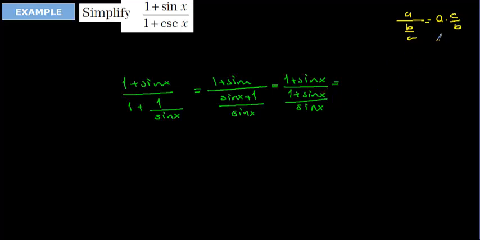That's why instead of 1 plus sine x, I'm going to write 1 plus sine x times sine x over 1 plus sine x. Here these terms are the same, that's why you may simplify. The answer is going to be equal to sine x.